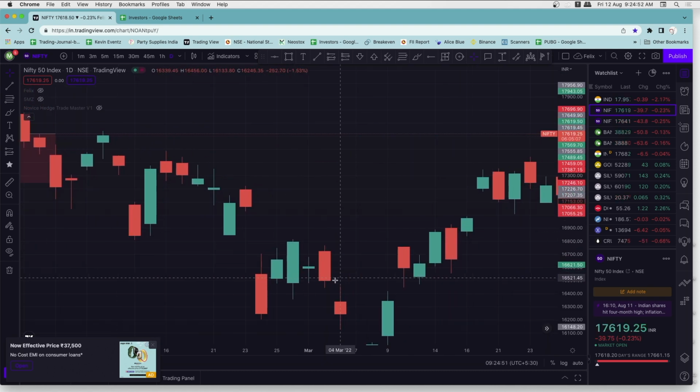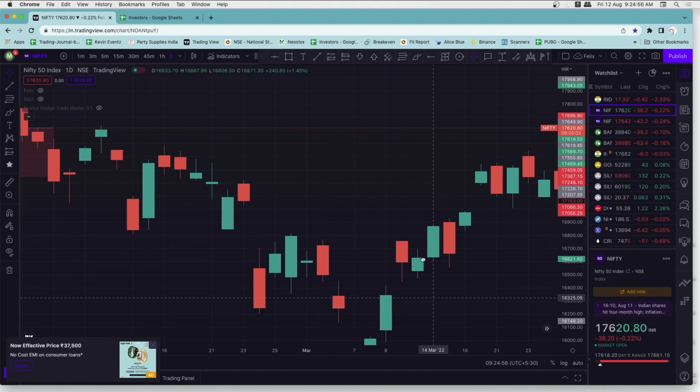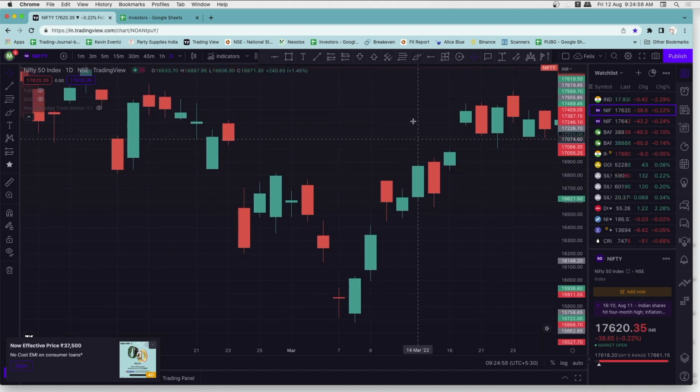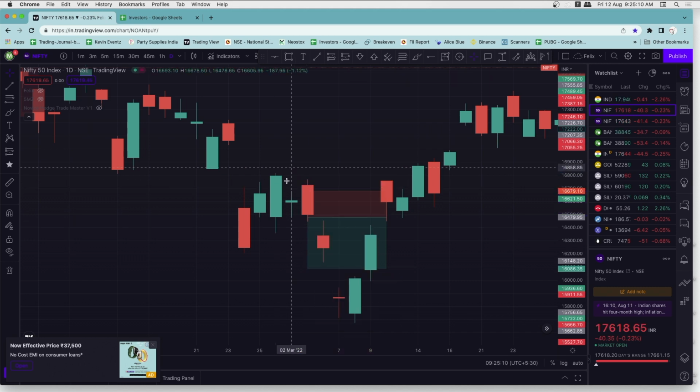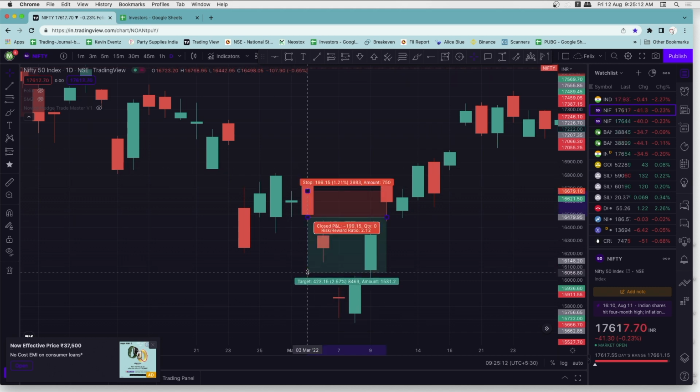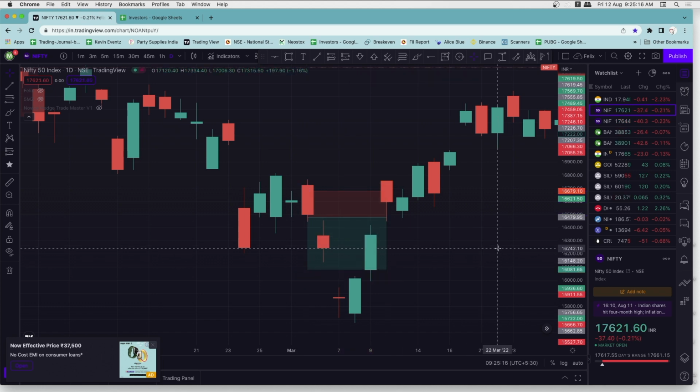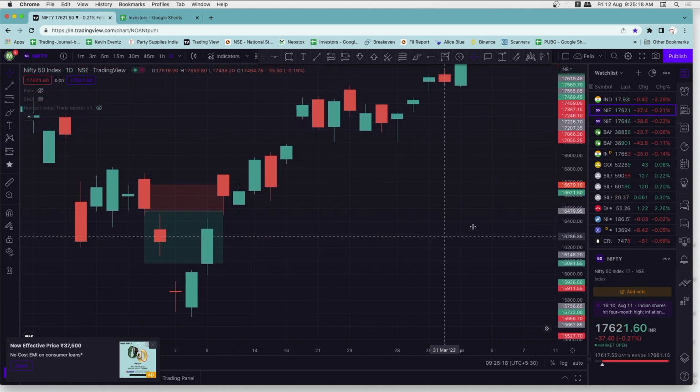We'll move on to the March month. Our candle closes below here, so we are going for the short position in March. This is the March candle, and I'm just going for the short position, and the candle size is 200, so I'm going for 1:2, and the target is done on the short side. So I'll move on to April month.